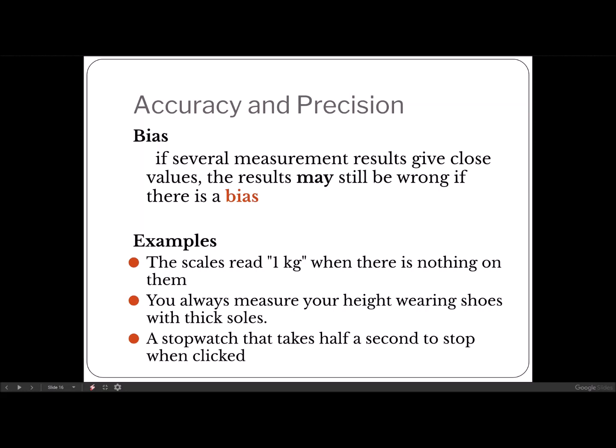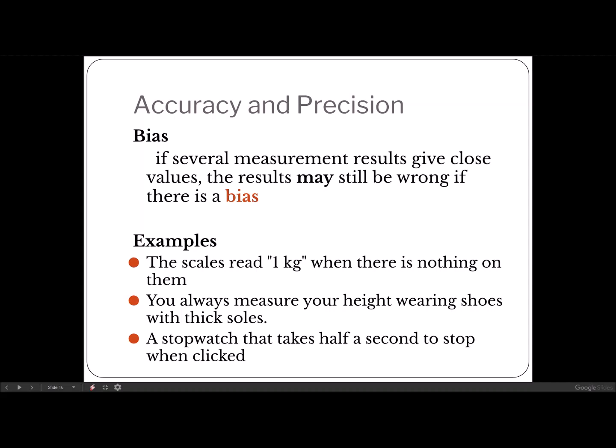Same as, let's say, the example, I always like to use this weighing scale example. If your body weight is 60, you measure it 10 times. The first trial gives 61, 61.1, 61.05.